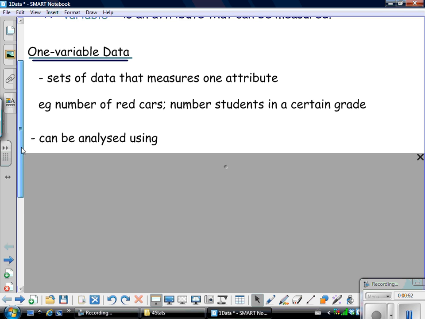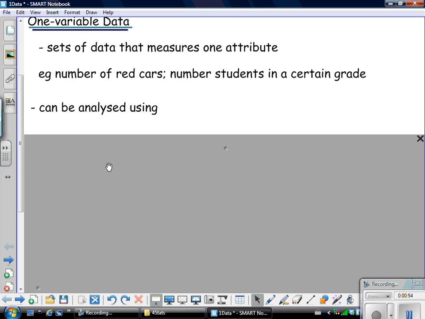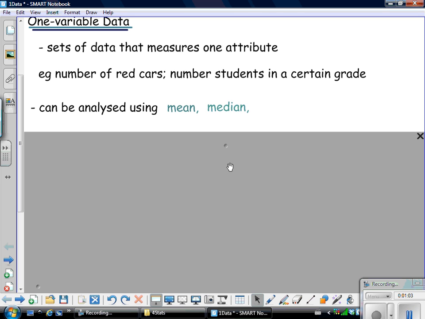It can be analyzed using items that you've seen before, one being the mean, that's the arithmetic average, the median, which is the middle of the data if it's lined up from least to greatest, and then you find the middle number. And we can also look at the mode. So if I want to know the number of red cars, I can do the mean, median, and mode. The number of students in a certain grade, I can do that as well.